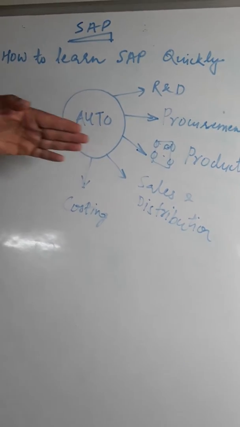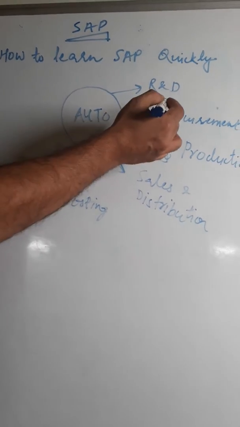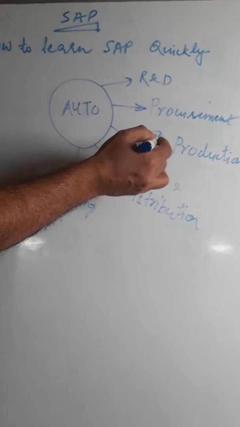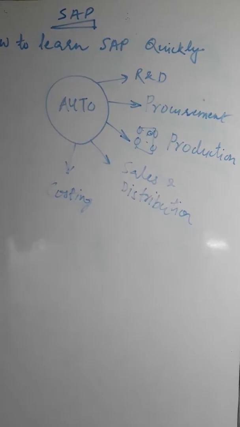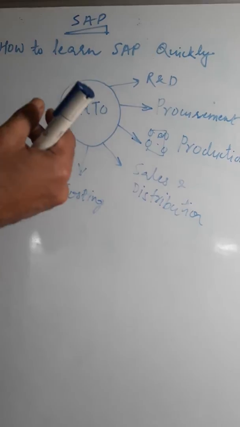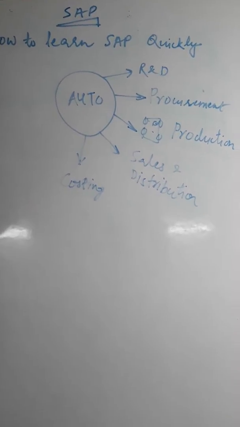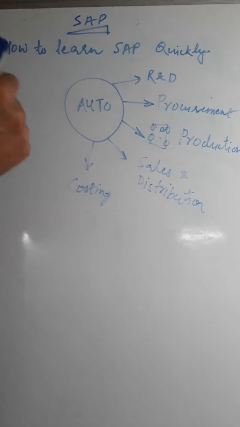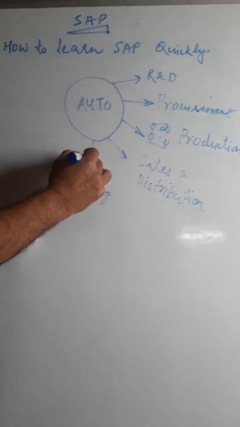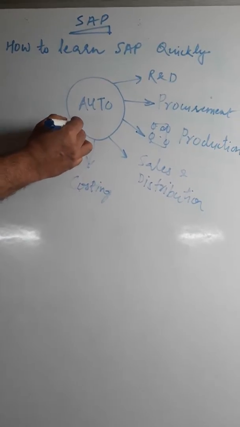So when we say car, what is the internal cost for all the raw materials, the semi-finished assemblies like gearbox or engine, seats, windshields, or the different assemblies we use in a car? How to do the costing is taken care of through the costing module.